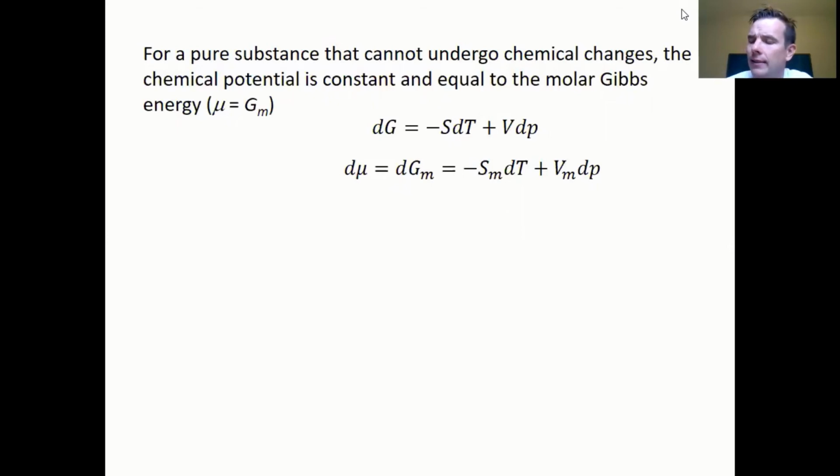In that case, the change in chemical potential is simply the molar Gibbs energy. So all you have to do is take the natural equation for G, divide it by n, and you get an expression like this: dμ equals minus S molar dT plus V molar dP. And here's how you can start to think about this.